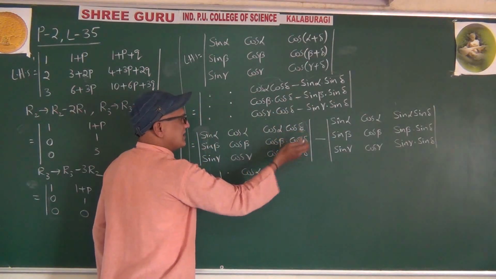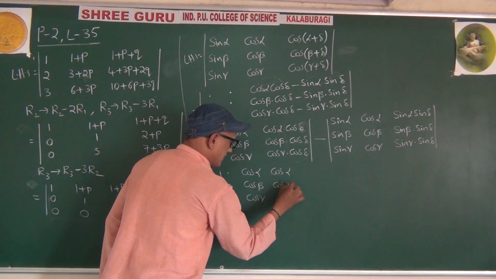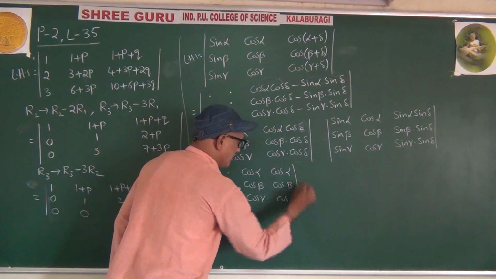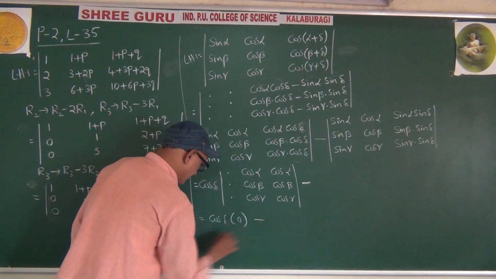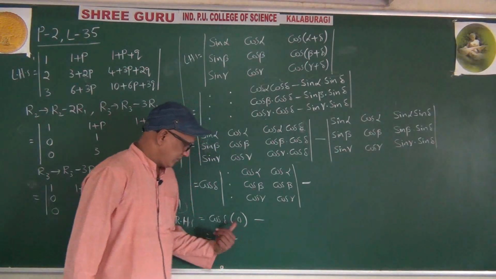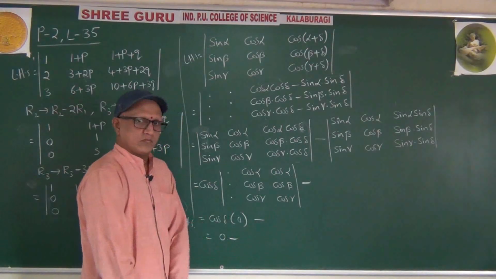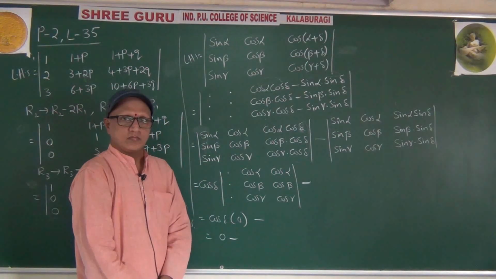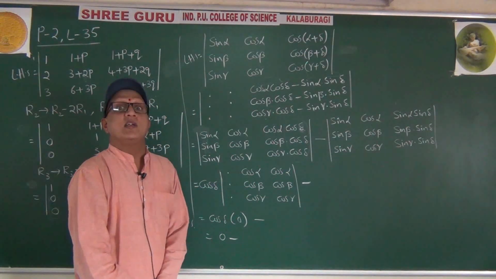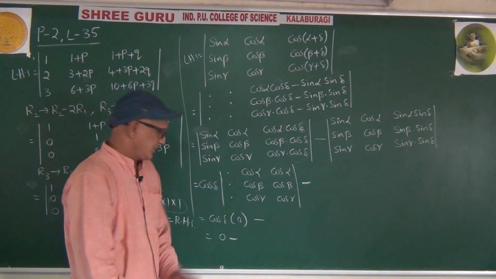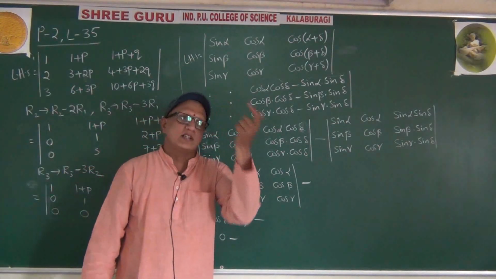Third column, cos delta went out, leaving cos alpha, cos beta, cos gamma. Second column and third column both are same. That's why we got 0. If any two rows or any two columns are identical, the determinant is 0.